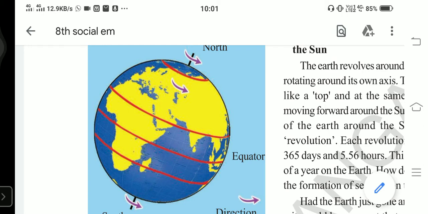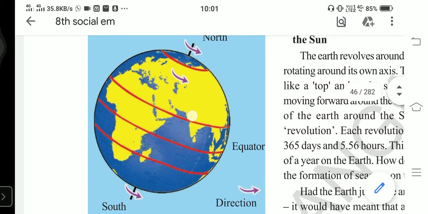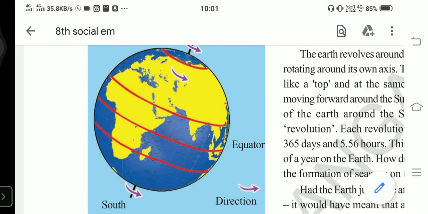On that area of the Earth, it is day. The remaining half of the Earth will be in the dark, opposite to the sunlight. That area is called night. In that way, we see that day and night occur by the Earth's rotation.